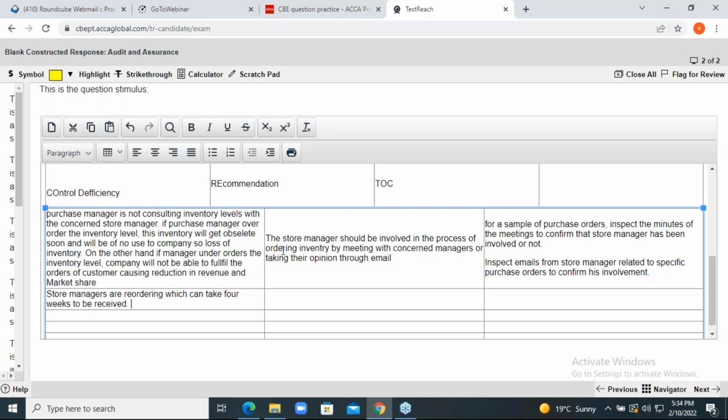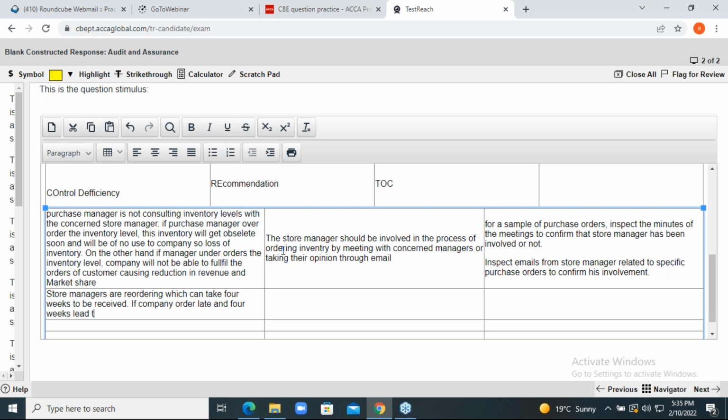So the deficiency is that if the company orders late, and a 4 weeks lead time can cause stock out.